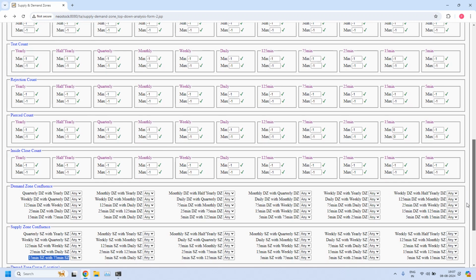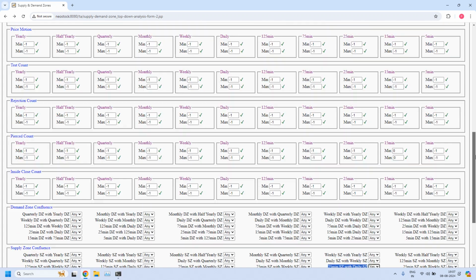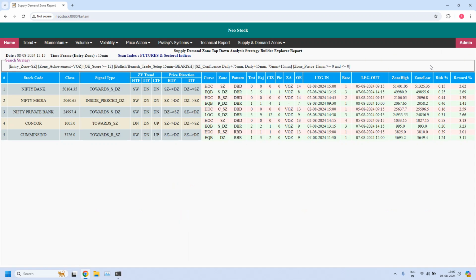So already 15 minutes plus 75 is enabled. Now let us add the 15 minutes supply zone confluence with the daily supply zone, and also 75 with the daily, ITF and HTF confluence. With all the three filters, let us check the list.